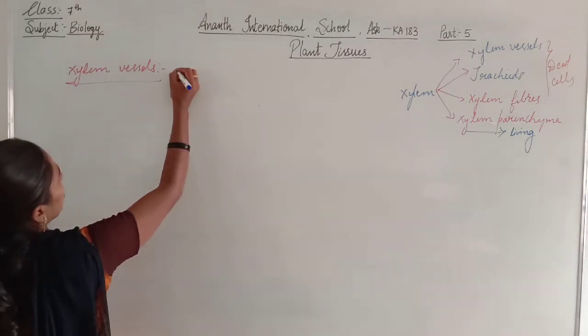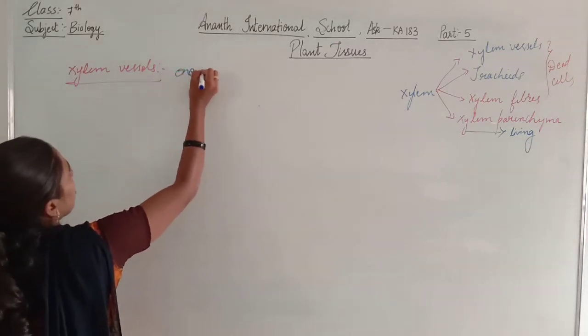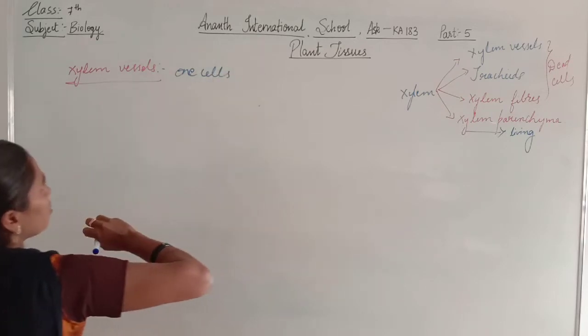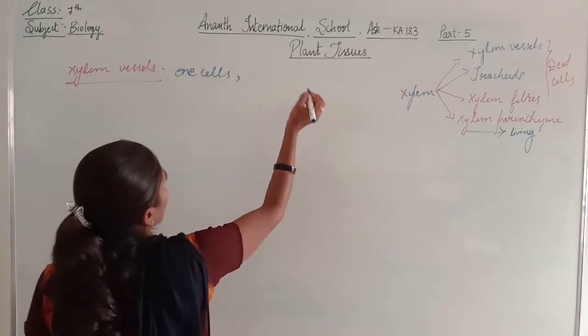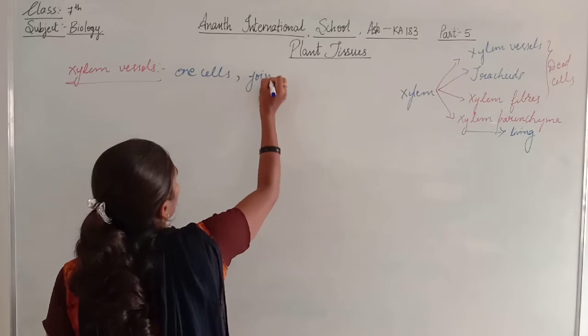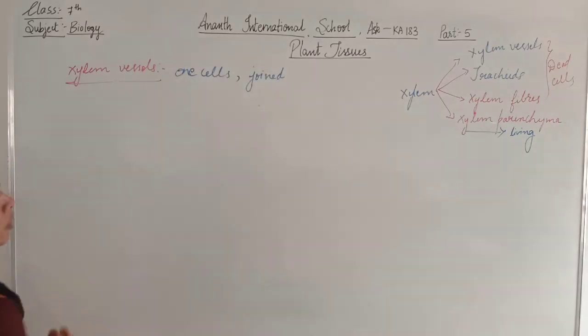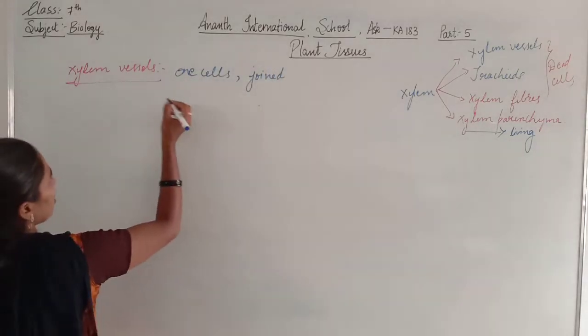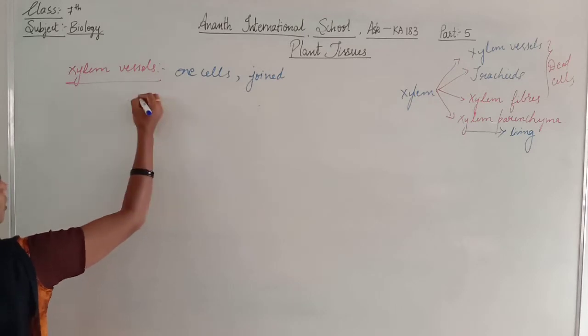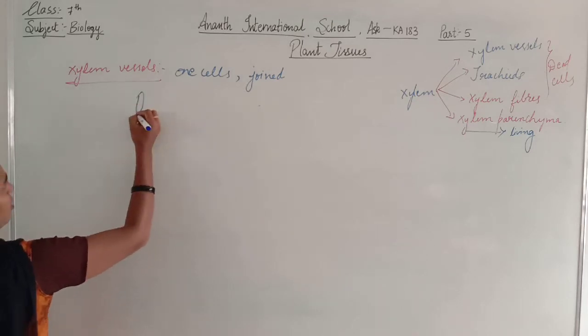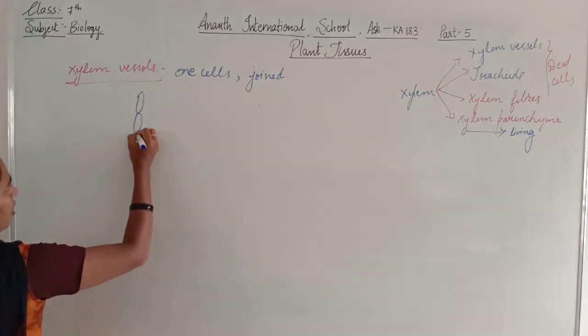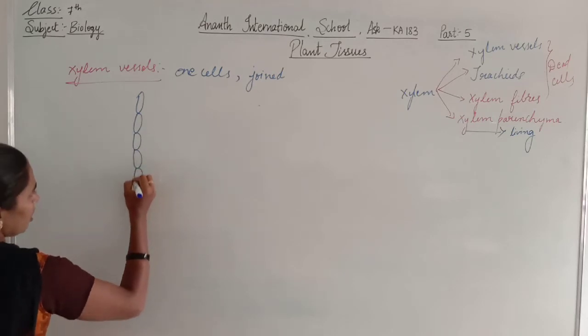For example, if you take one cell, another cell, another cell, joining like this.